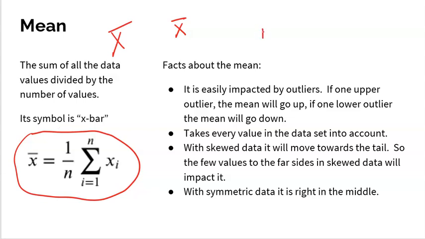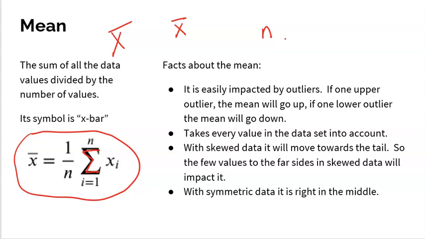So typically n is the number of values we have. And this symbol right here, this funky looking E thing, that's sigma notation. That's the summation symbol. So that's just a fancy math symbol that says add all of your values together. So don't get hung up on that symbol. Just know that it means add all of your values together. And then we need to divide by n.